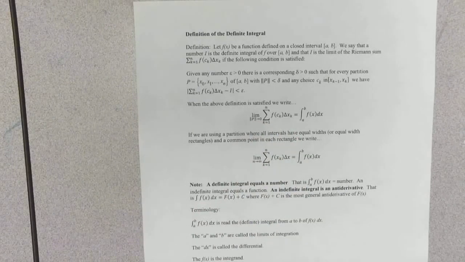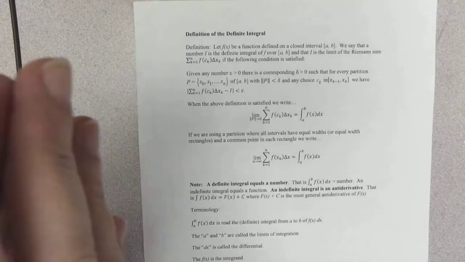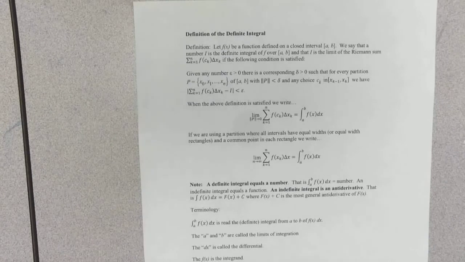So it's doing the same thing that we did last time of taking those rectangles and shrinking them down till they're just line segments. The difference here is that the rectangles don't all have to start out the same width. They can start out various widths, but eventually we shrink the biggest one down to just a line segment, and then we add up all those heights of the line segments.